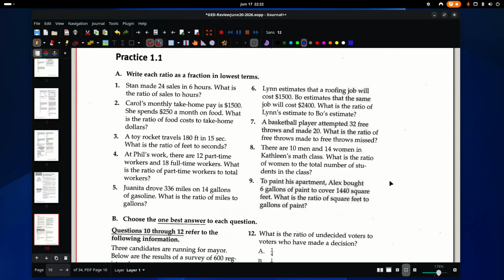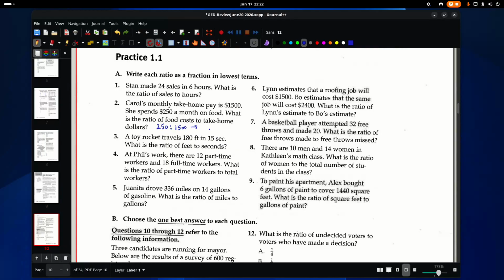And so let's just try, these ones are just asking us to write some ratios, so let's try writing some of these ratios. Carol's monthly take-home pay is $1,500. She spends $250 a month on food. What is the ratio of food costs to take-home dollars? So the ratio would be 250 to 1,500, but we should reduce that.